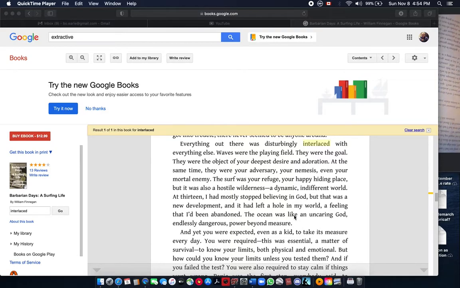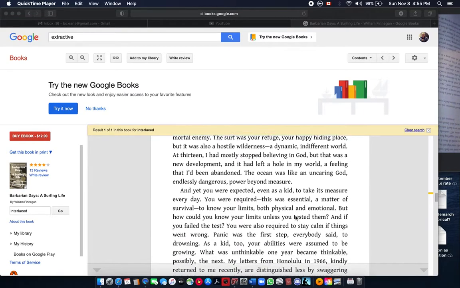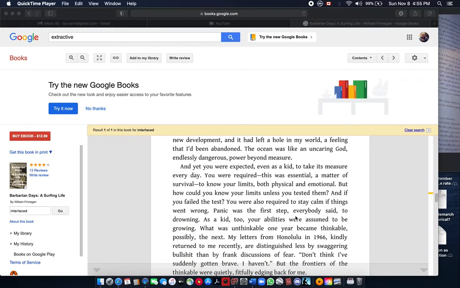At 13, I'd mostly stopped believing in God, but that was a new development, and it left a hole in my world, a feeling that I'd been abandoned. The ocean was like an uncaring God, endlessly dangerous, power beyond measure. And yet, you were expected, even as a kid, to take its measure every day."